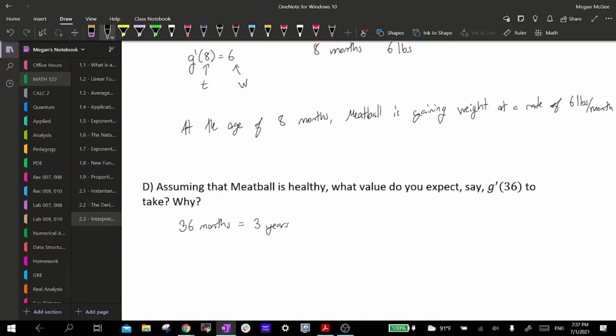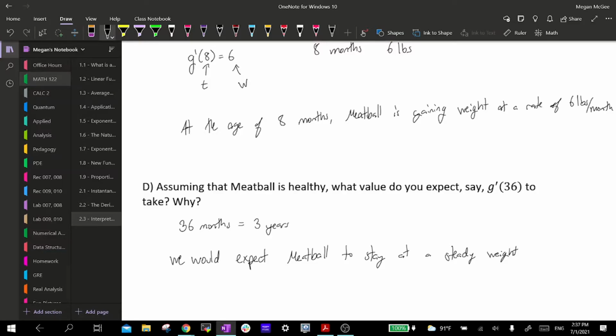If he is healthy and he is fed on a regular basis, we would expect Meatball to stay at a steady weight, after reaching his full-grown adult stage. So, how can we represent that?